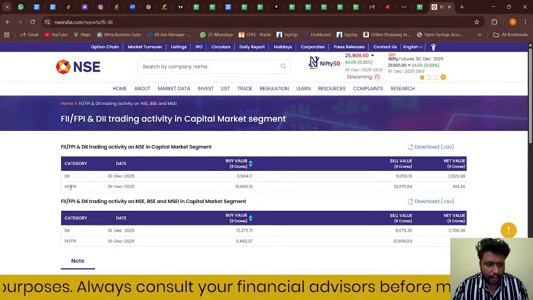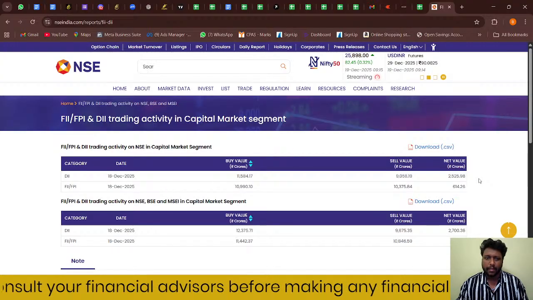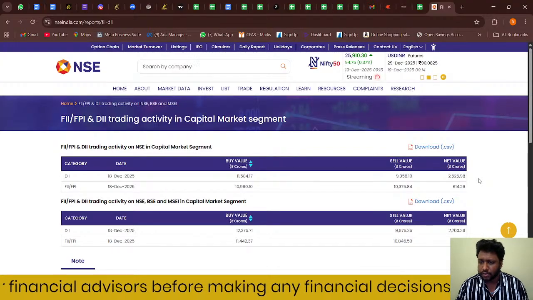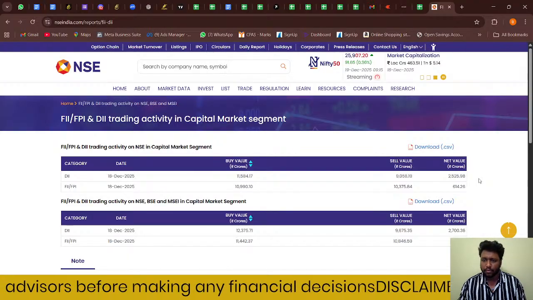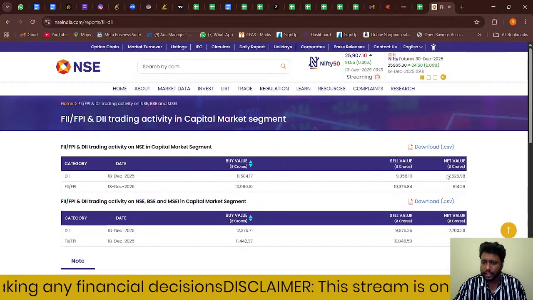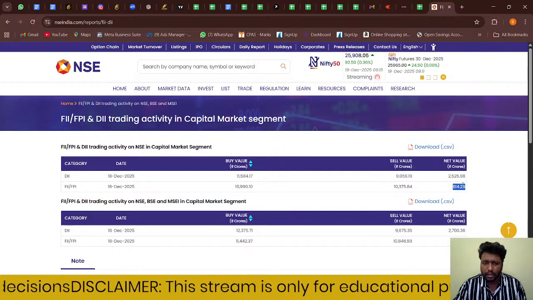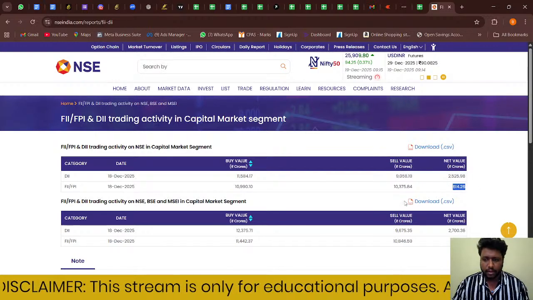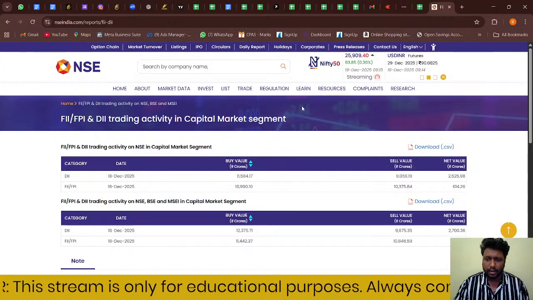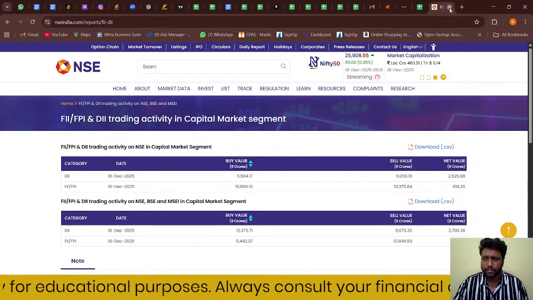And if you see the DII, FII both are positive, it is a bit of a trend change over here. Yesterday also both were on the positive side. If you see on the 18th it closed positive in the cash market. If you see both DII and FII, but comparatively this FII figure is a bit lesser compared to the other days, but definitely it is a bit of a change in trend.